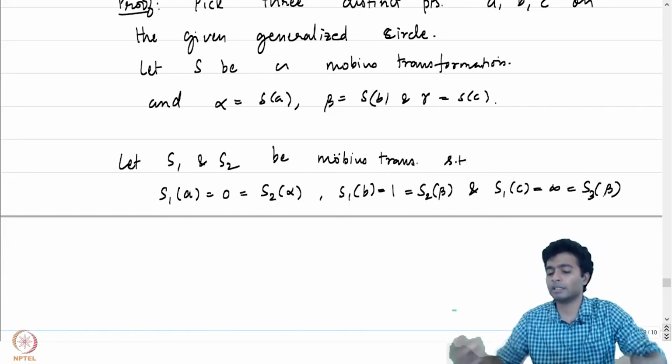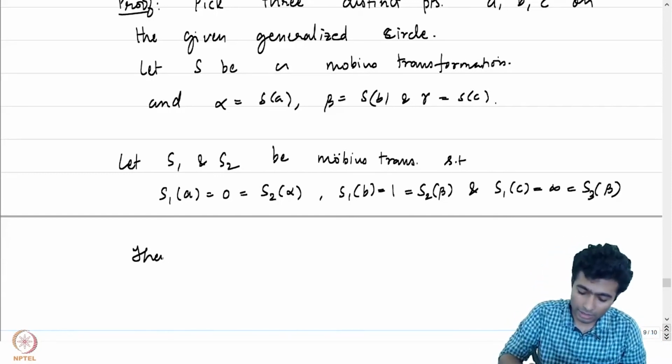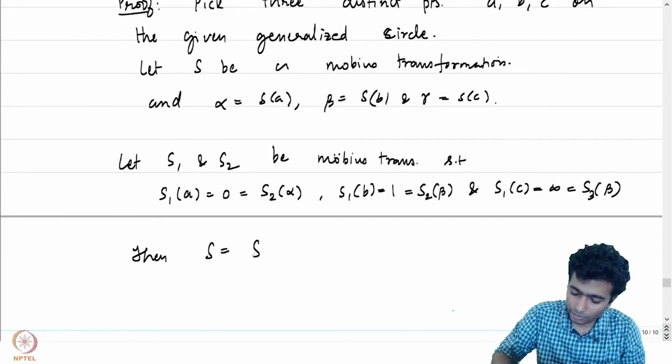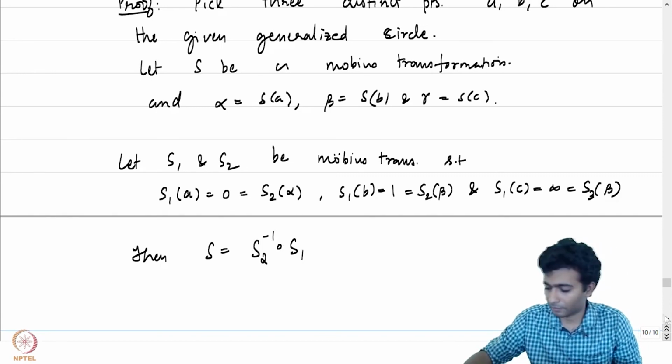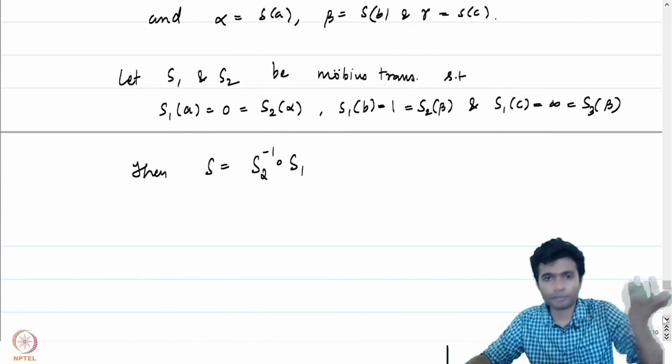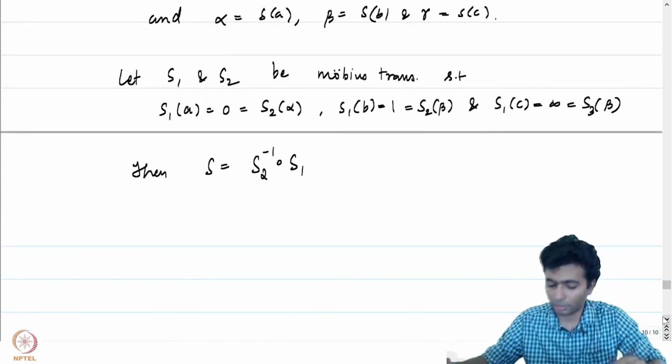And we have already seen that S is now forced to be equal to S2 inverse composed with S1. This is going to be a Mobius transformation, and by uniqueness the Mobius transformations coincide.